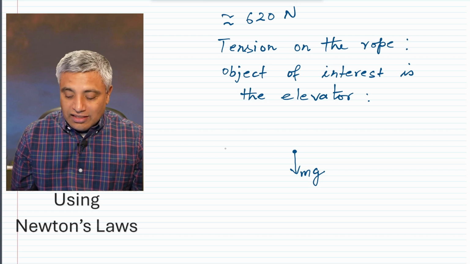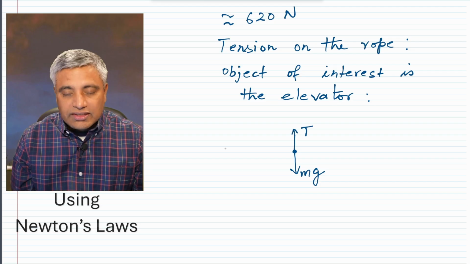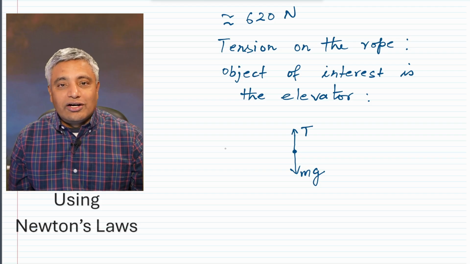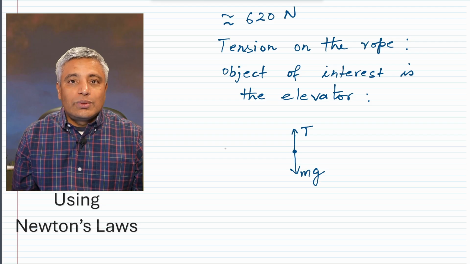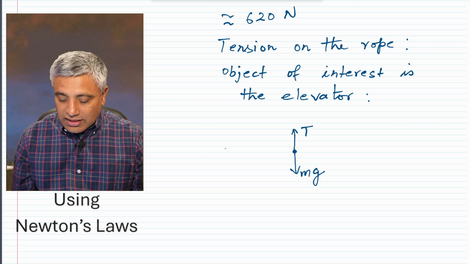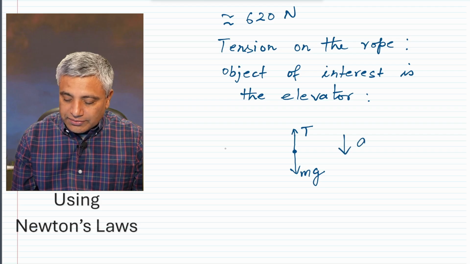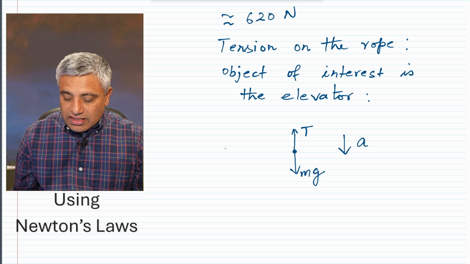So the only force acting is tension, and this tension force is up whether the object is moving up or down, because rope or tension is never a push force, it's always a pull force. Okay, so acceleration is still down. So that is the acceleration.